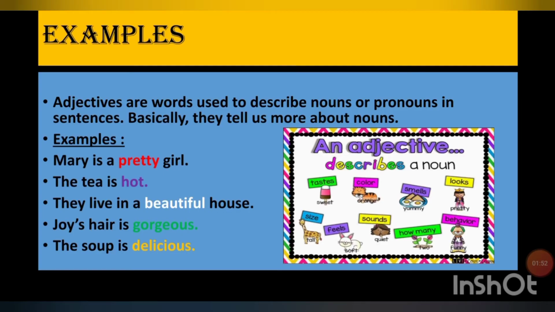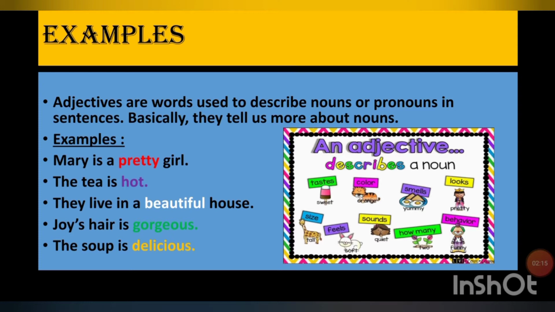Okay? So here are some examples. So we said adjectives are words used to describe nouns or pronouns in sentences. So basically, they tell us more about nouns. So here are some examples in sentences.